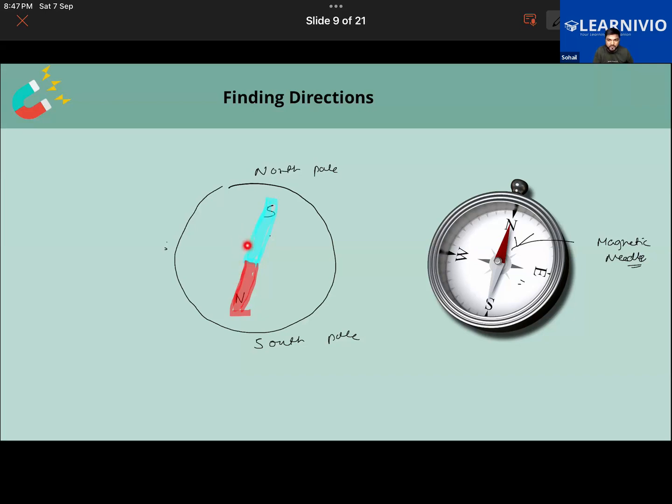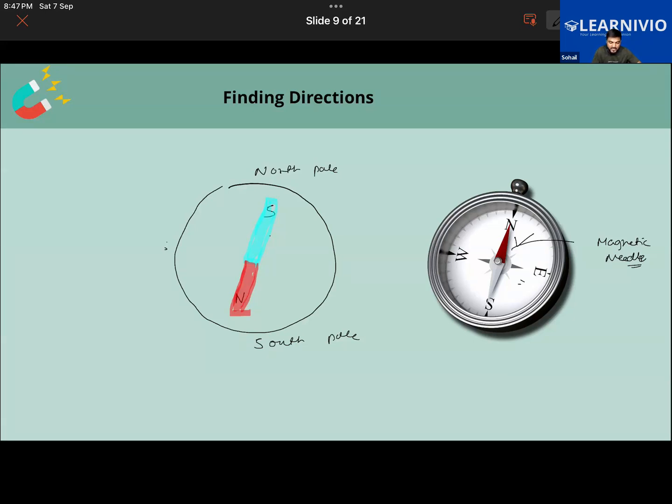One end is in the north pole, another end is in the south pole. So the end of the magnet that is in the north pole is the south pole, and the end of the magnet towards the south pole is actually the north pole of the magnet. Getting the thing?